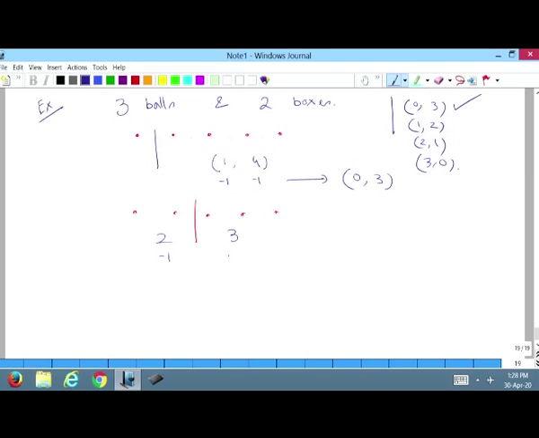If I subtract 1 from each of them, then we get 1, 2. Now, you understand, since we can choose the partition in 4 ways, there are 4 different arrangements for the balls.